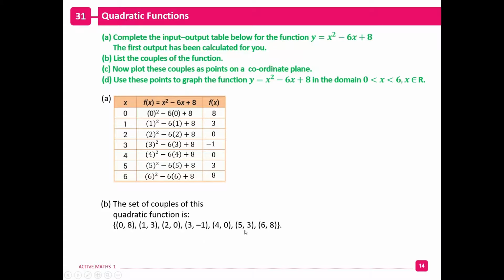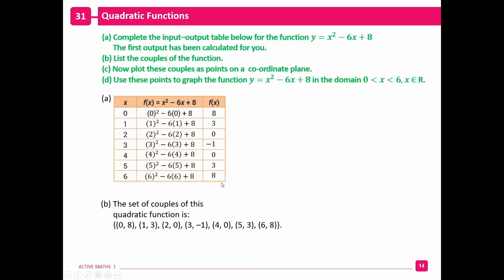So here we have our curly brackets, and we have the first input together with that output, each in their own little bracket. And each pair is separated by another couple. So all of the first numbers in these brackets are the first numbers in our input-output table, the inputs, the numbers under X. And all the second numbers are all the outputs, the numbers in the third column.